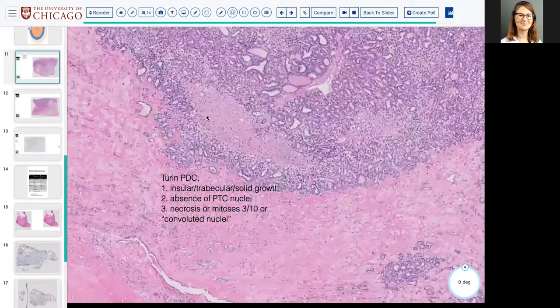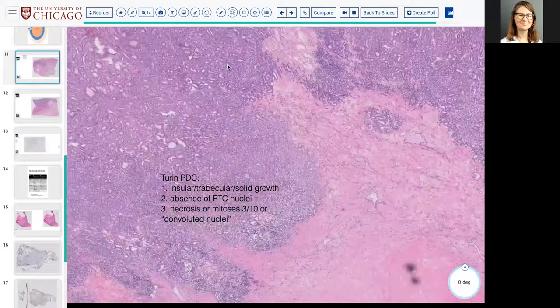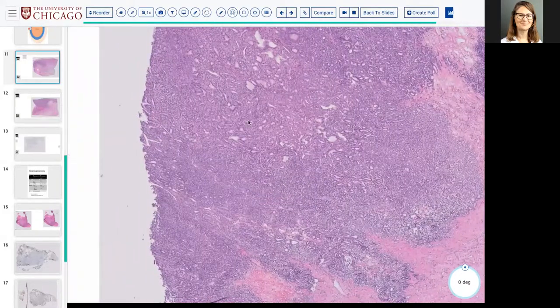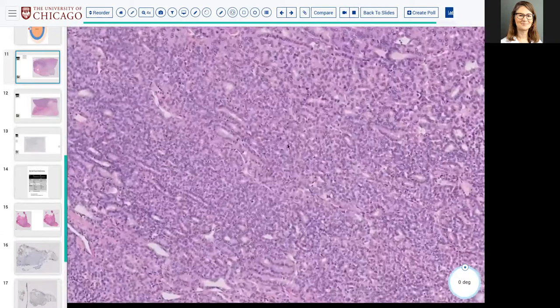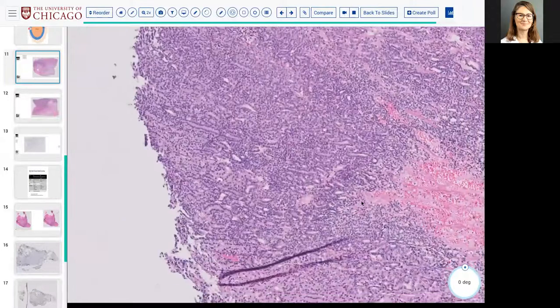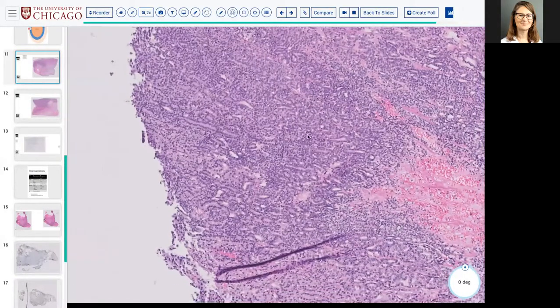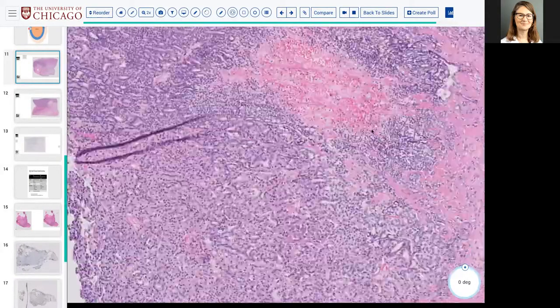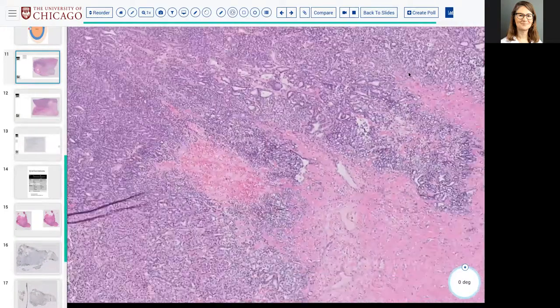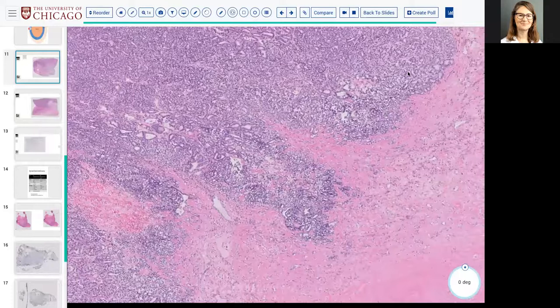Convoluted nuclei, I would argue, are sometimes the most challenging to identify, but they look wrinkled and raisinoid, almost like koilocytic. I'm not sure if there are any that are very good in this example, but they're just dark and wrinkled and raisinoid. That's my best description of convoluted.